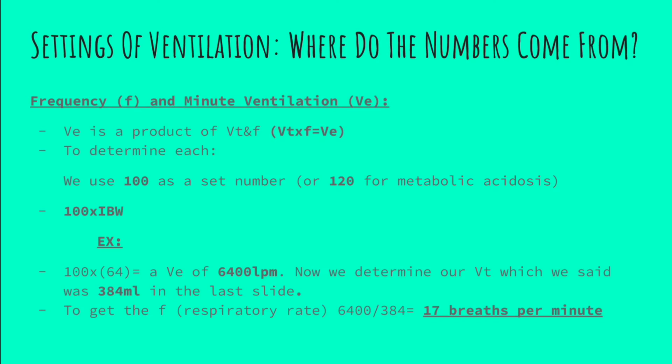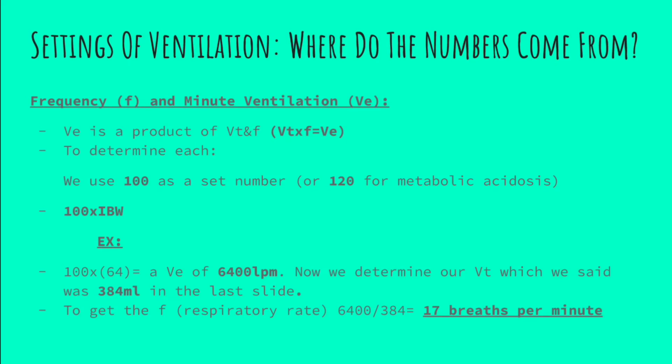Now, obviously, this isn't always going to be the case. You see, I've got 120 that we would use for somebody who's in metabolic acidosis, somebody that we need to ventilate a little bit more, to get a little bit more off of them to keep them from becoming more acidotic. But for most cases, we're going to use 100, and that's what we're going to use throughout the example here.